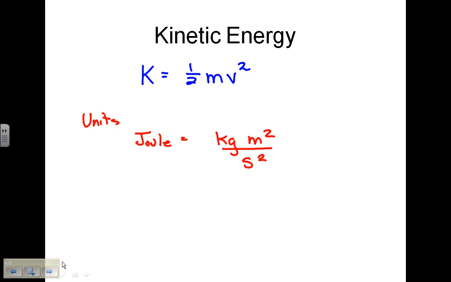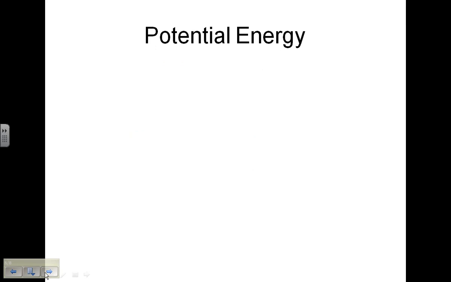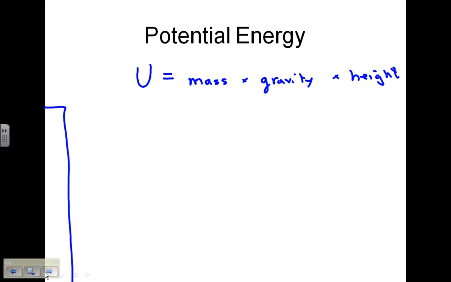Our last equation is potential energy. And potential energy, you would think they'd use a P, but we used a P for power. We're going to use a U. And U is for potential energy, is equal to mass times gravity times height. And potential energy is always with respect to the Earth.